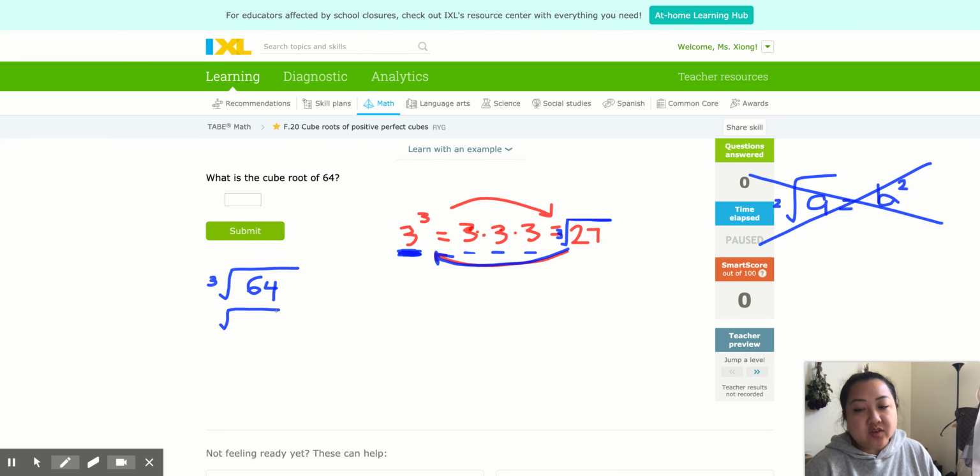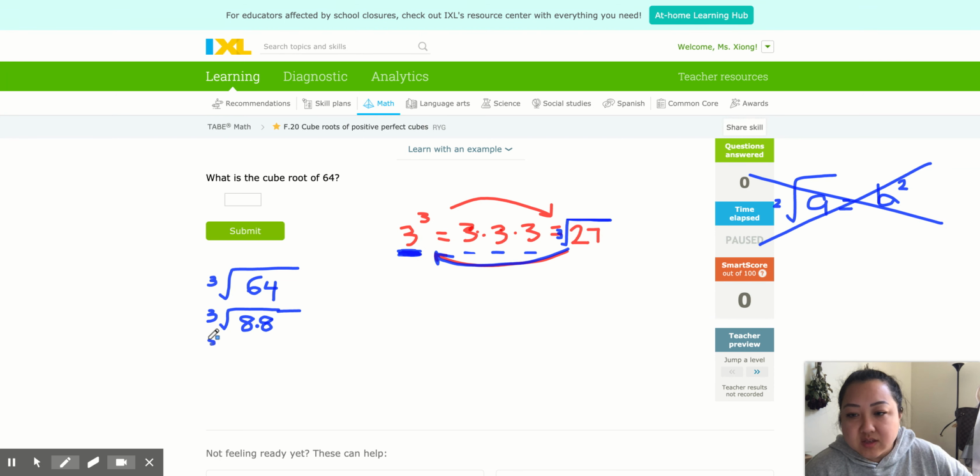If we were looking at the square root, it would be 8 times 8, right? But we're looking at the cube root.